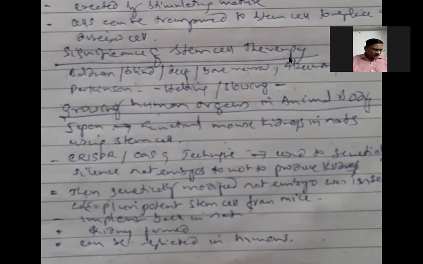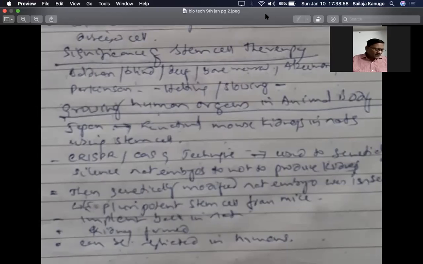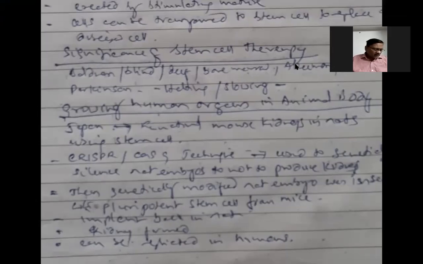Okay, sir. So this is embryo gene correction to prevent inheritance. This is gene editing, and CRISPR Cas9 will be used. It is faster, cheaper, and more precise than going into other processes.